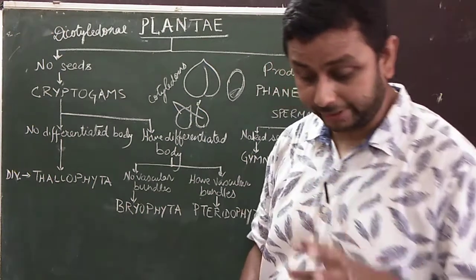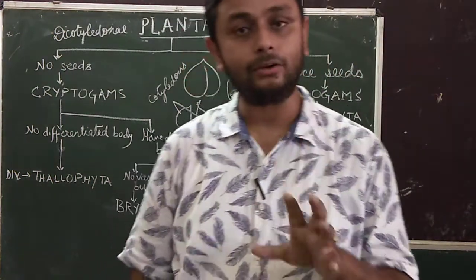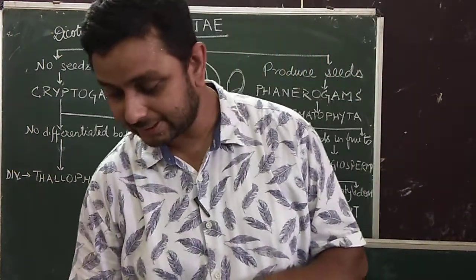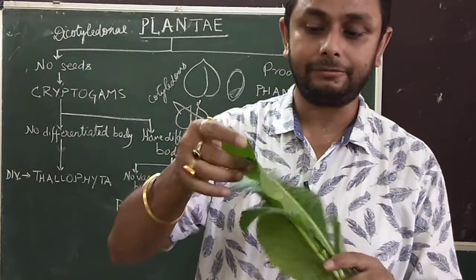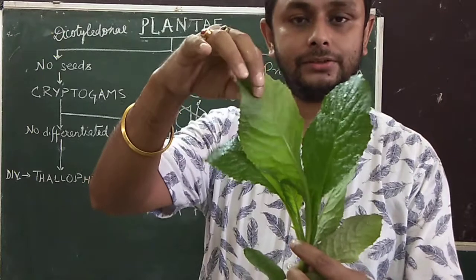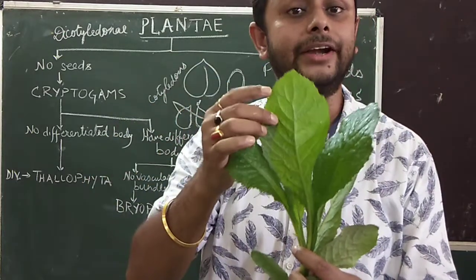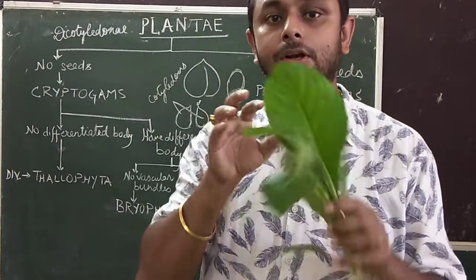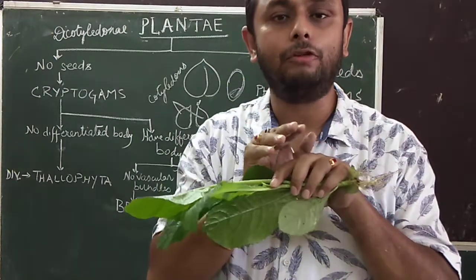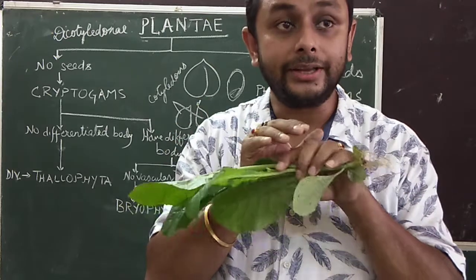Now there are some striking differences between dicots and monocots. The most easily identifiable feature in a dicot plant is the leaf. If you look at the veins of the leaves, you will find that they have reticulate venation. Reticulate means the veins are spread out in the form of a net, a network.